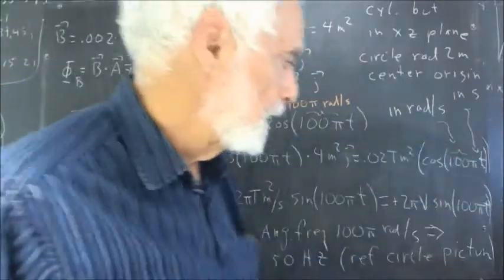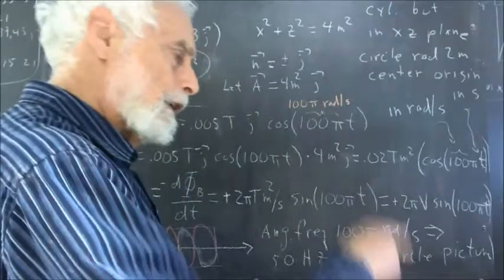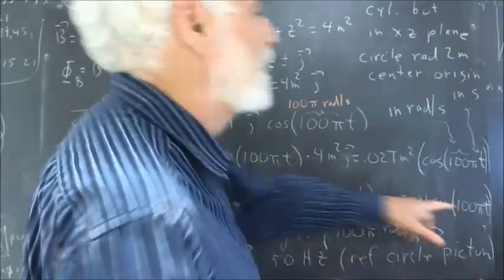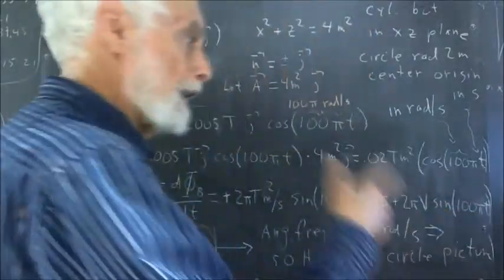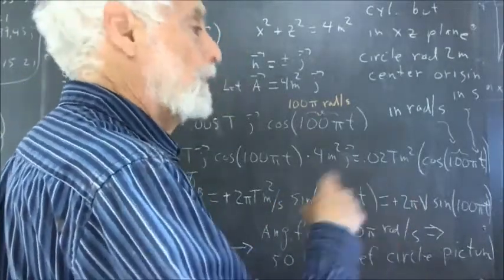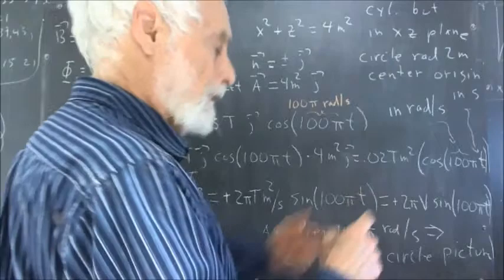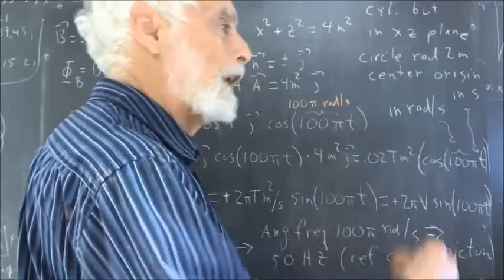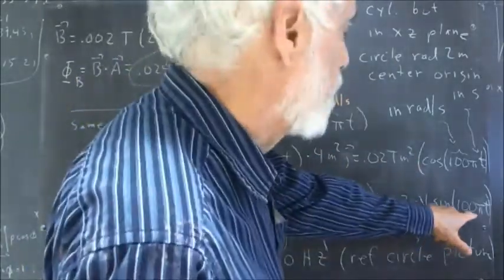The sine of 100 pi t corresponds to an angular change of 100 pi for every unit of t. So for every second in this case, we go through 100 pi radians. Each circle is 2 pi radians. There are 50 2 pi's in 100.